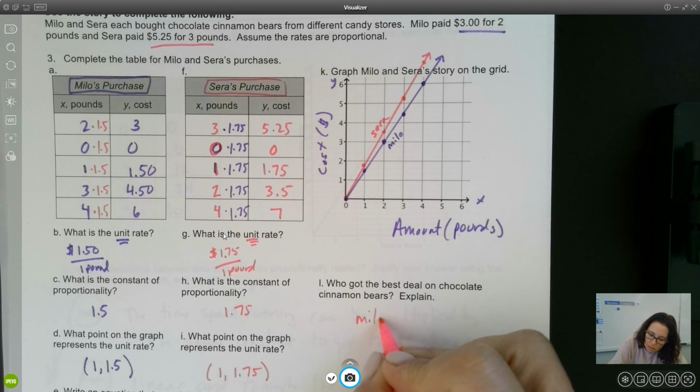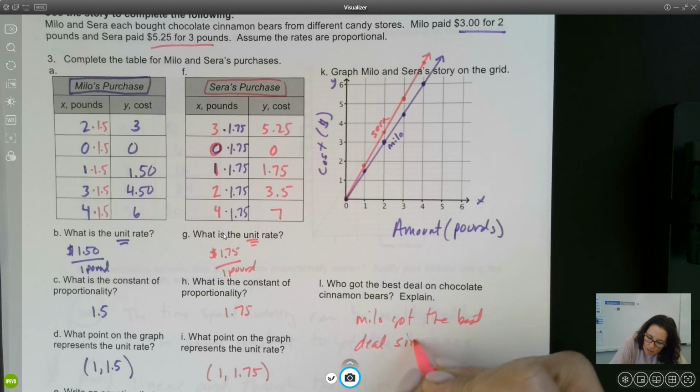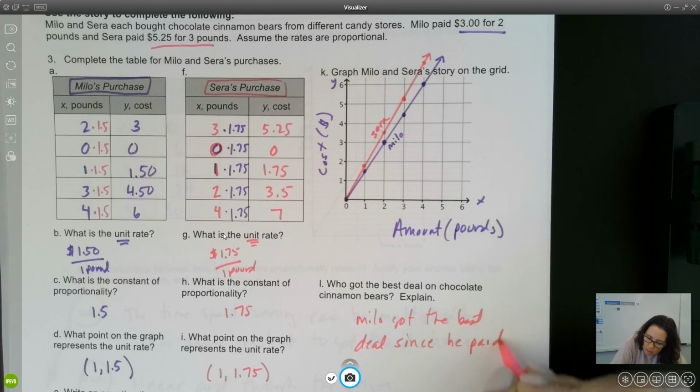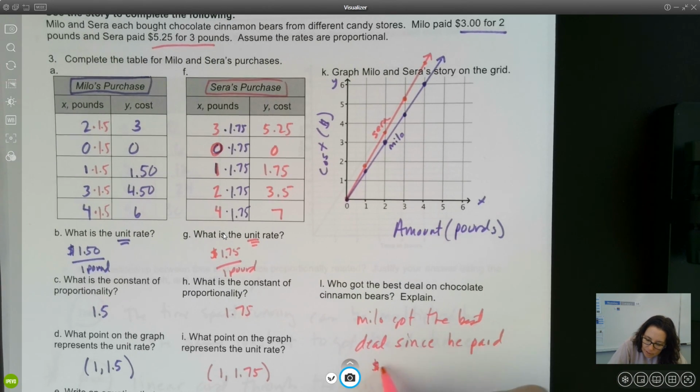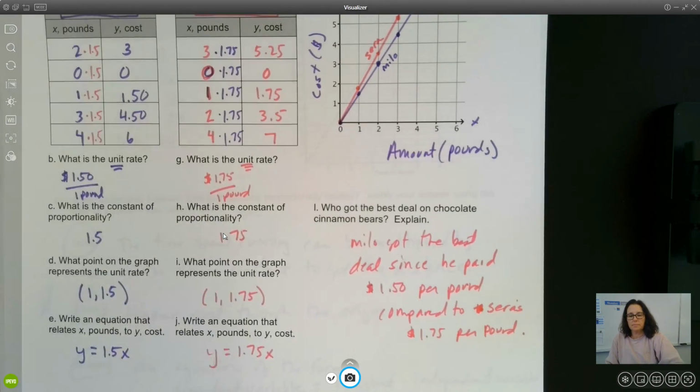Okay, Milo got the best deal since he paid $1.50 per pound compared to Sarah's $1.75 per pound. Okay, so nothing really new, guys, in this. Just kind of bringing it all together from section 1 and section 2.